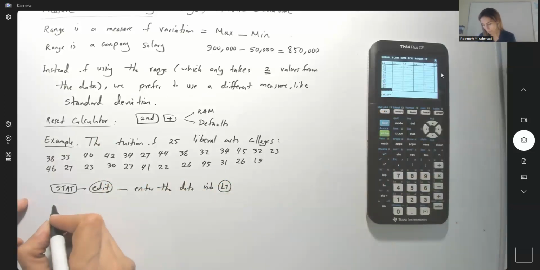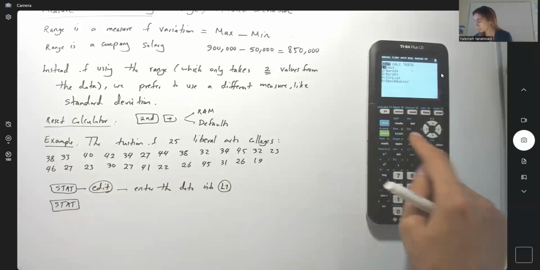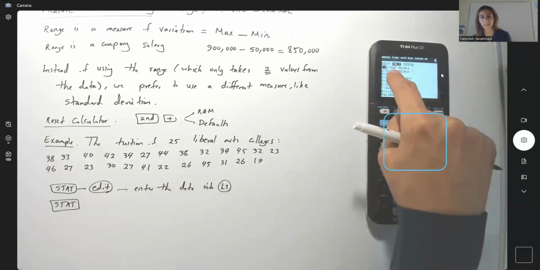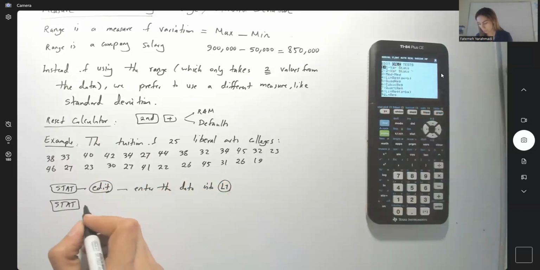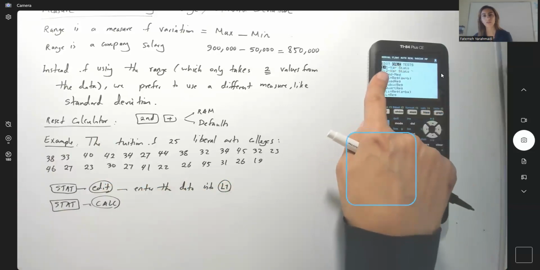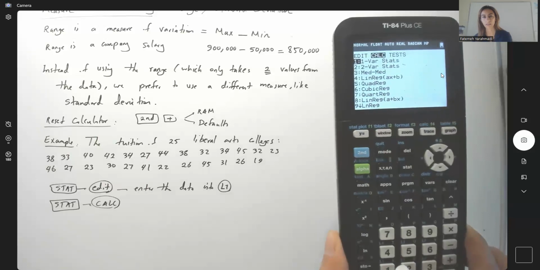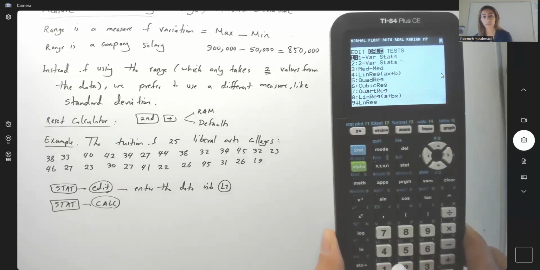In the next step, you need to go to stat again. Now use the arrow keys to go to calc. Here, if I switch around, I can go to calc or tests. What I need is the calc itself. So make sure it is on calculation, and on one variable statistics.